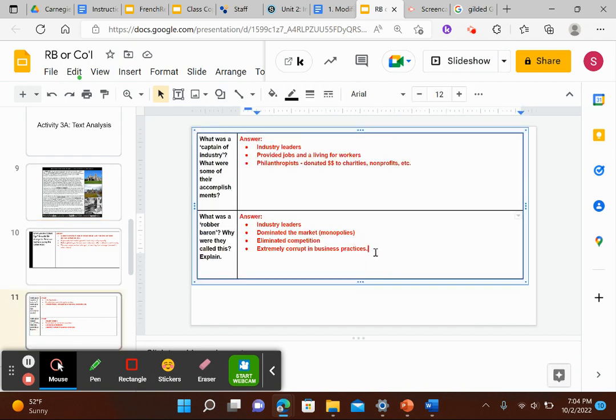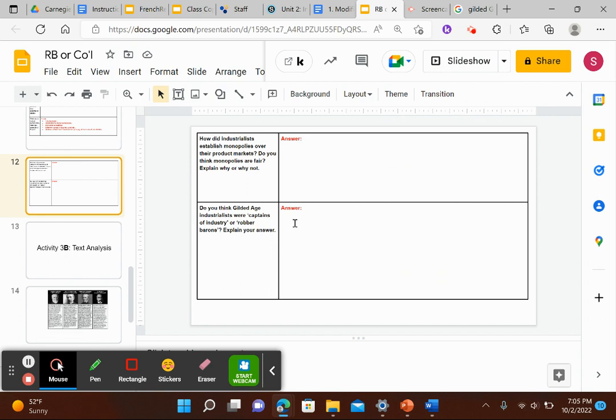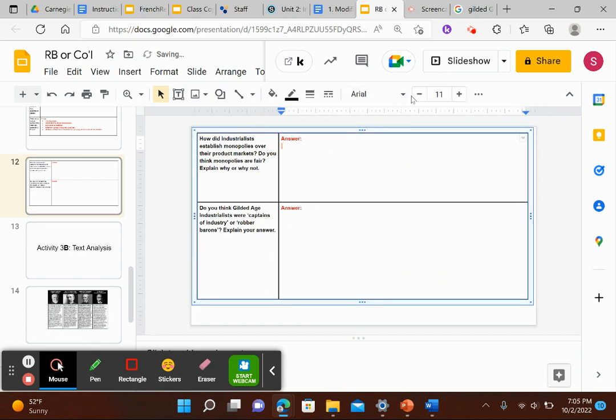So we will add to this that workers suffered harsh treatment and poor pay at the hands of industrialists. Okay, very good.